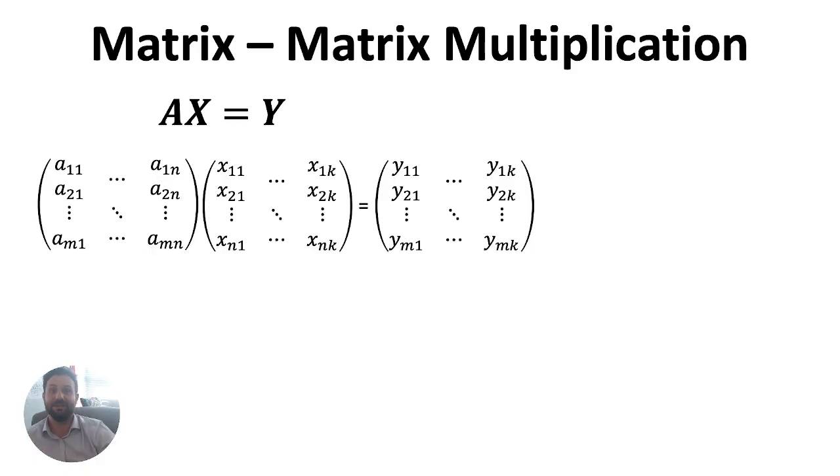So therefore we will have some dimension matching rule, and we will have to avoid some dimension mismatch, just like we were careful in matrix vector multiplication.